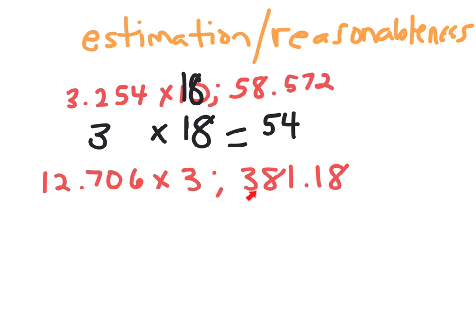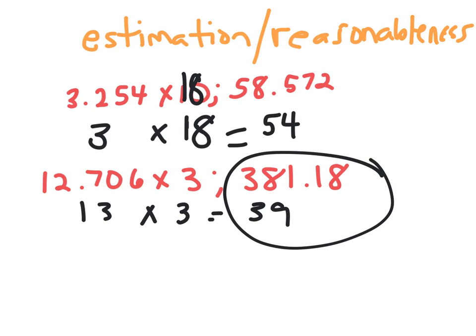The answer we got was 38.118, and we now need to use estimation to see if we got a reasonable answer. So if I round this up to 13 times 3, my estimate is close here, so I know I'm doing right. I'm within the ballpark. That's what we're trying.